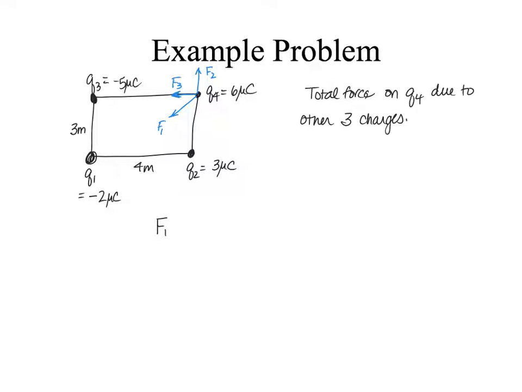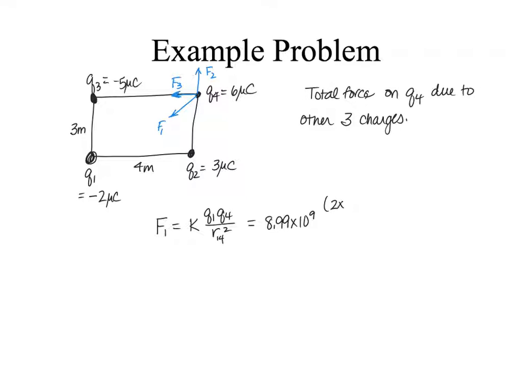So F1 is going to be equal to k Q1 Q4 over the distance between 1 and 4 squared. So that's 8.99 times 10 to the 9th. Now, do you remember what a microcoulomb is? It's 10 to the minus 6.